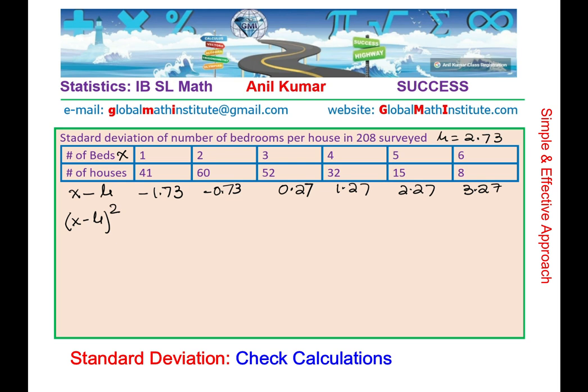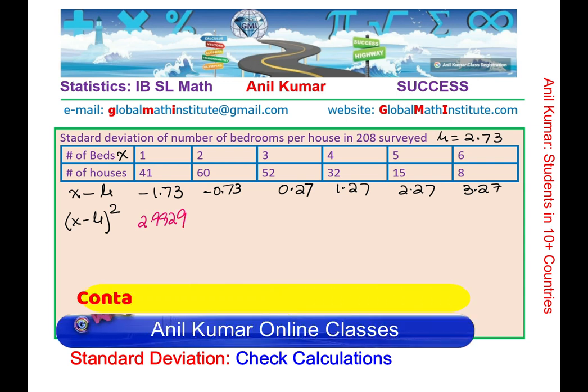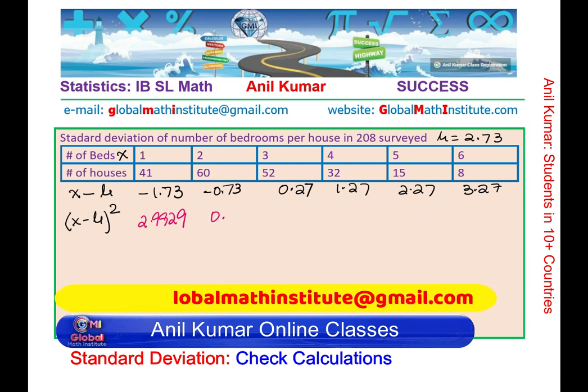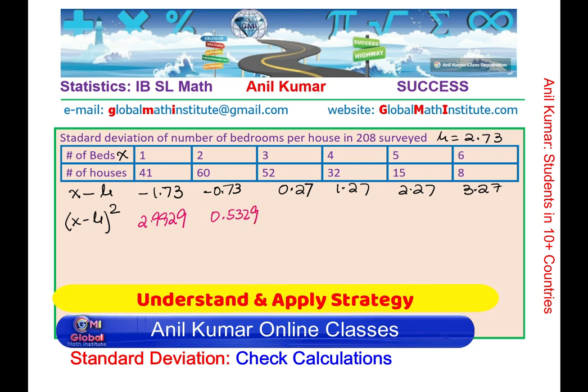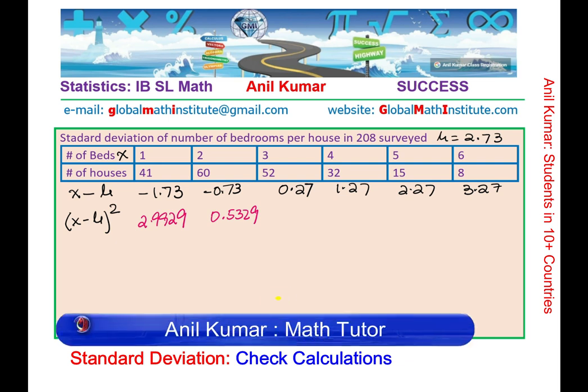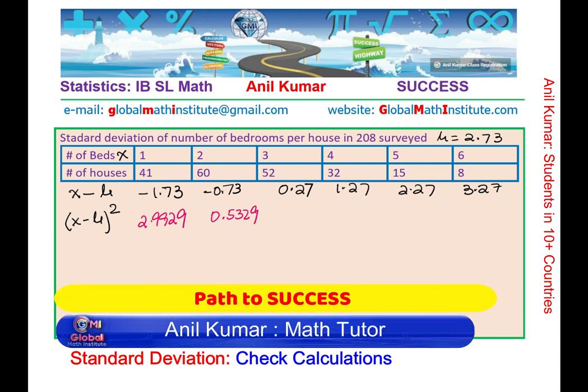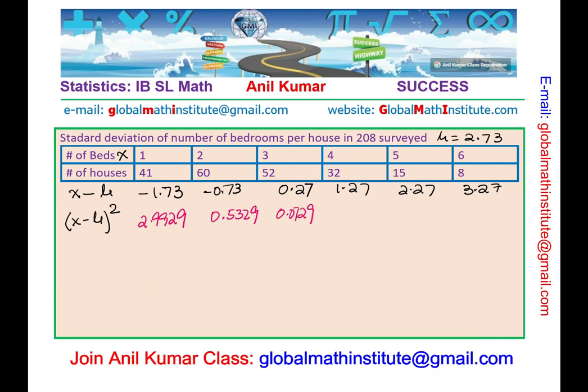So we'll square all these numbers. 1.73 squared is equal to 2.9929. 0.73 squared equals 0.5329. 0.27 squared is equal to 0.0729. 1.27 squared equals 1.6129. 2.27 squared now. You see, we are finding the square of these numbers, right?